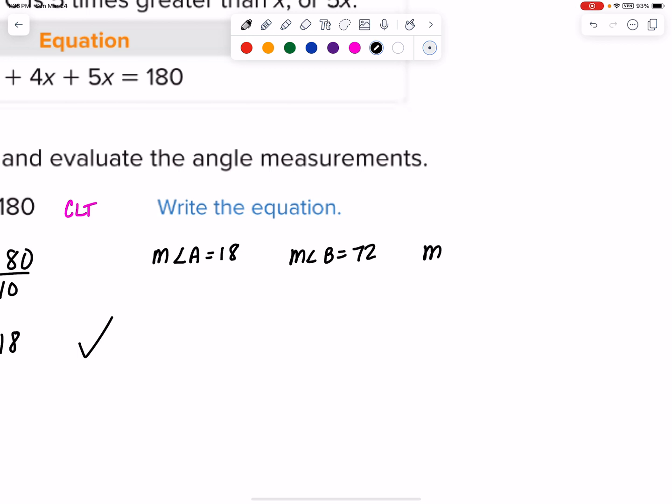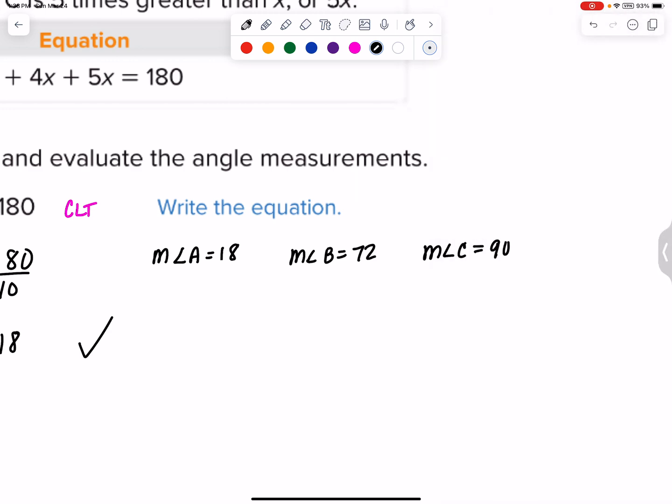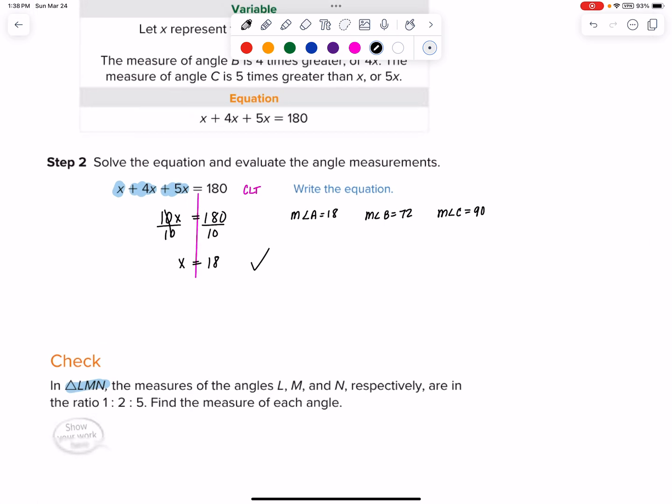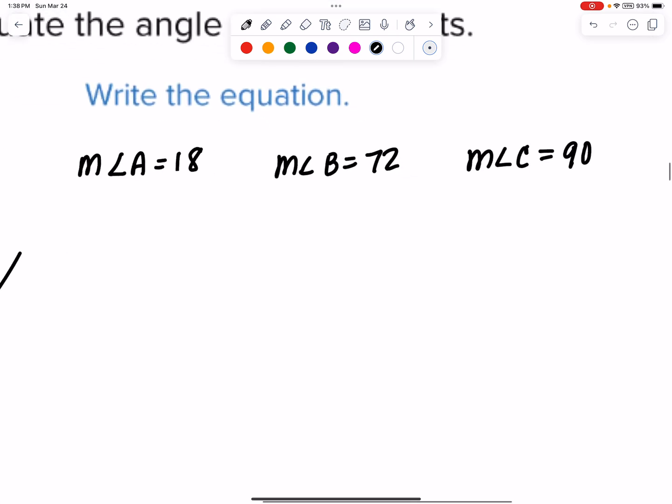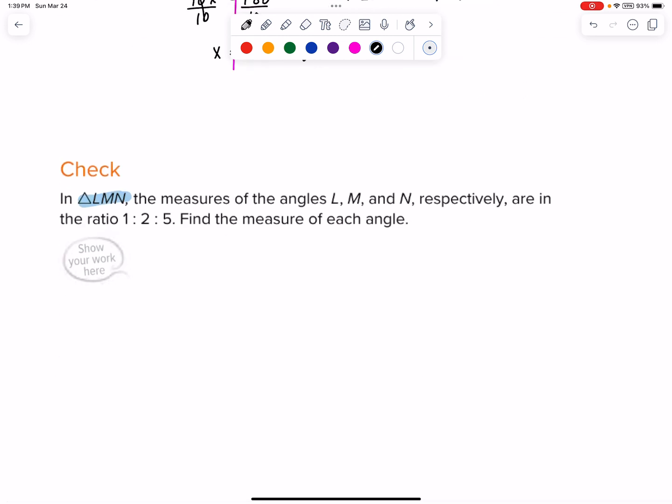And the measurement of angle C equals 18 times 5, which is 90. Okay, so there we go. Okay, and let's make sure we put our degrees in here so we don't lose a point for units, and there we go. All right, let's go ahead and do the check now officially. If you want to pause, you can, or just follow along.